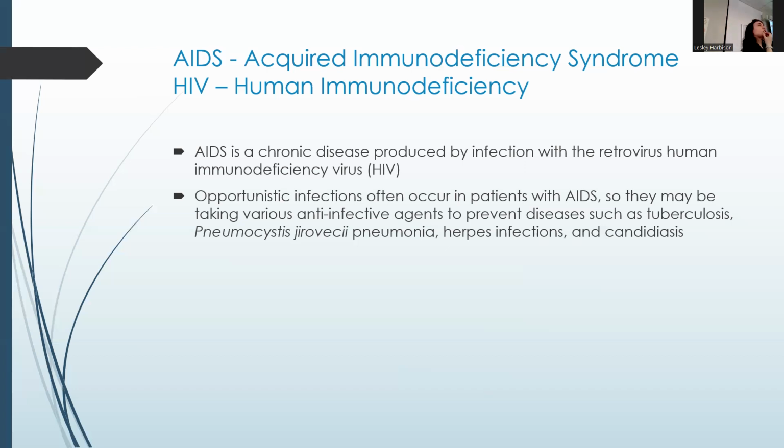They may just be on a ton of medications, so you have to make sure you know the side effects and the oral effects, or they could be more prone to infections, candidiasis, opportunistic pneumonias, things like that. So it's not to say that a person who has AIDS or HIV will automatically present as a sick person. I think you guys know this already, and you've heard this before, but these are just things to be aware of.